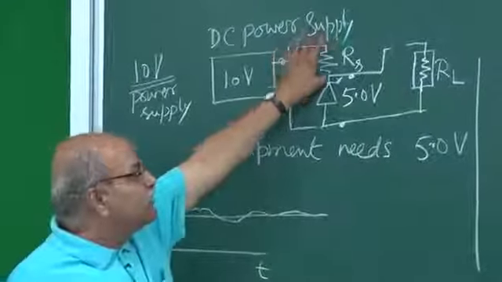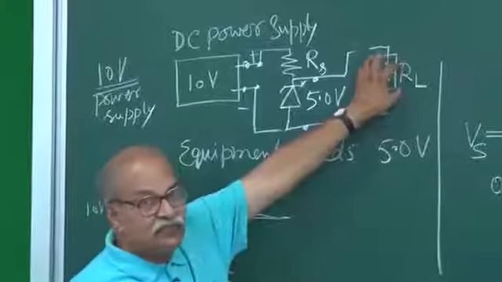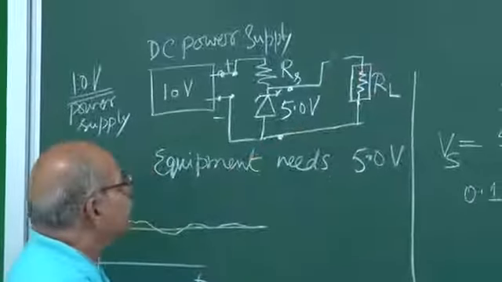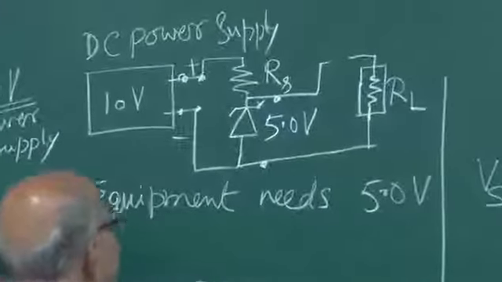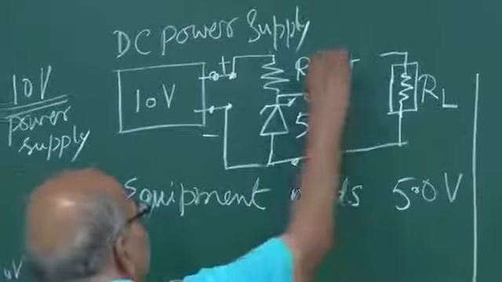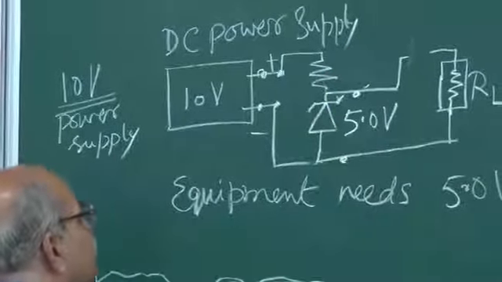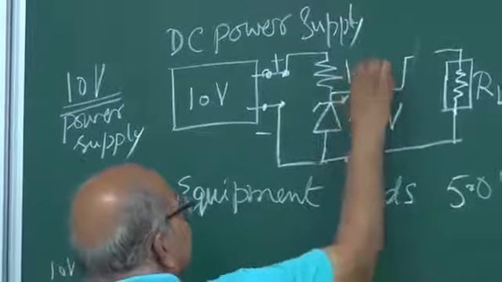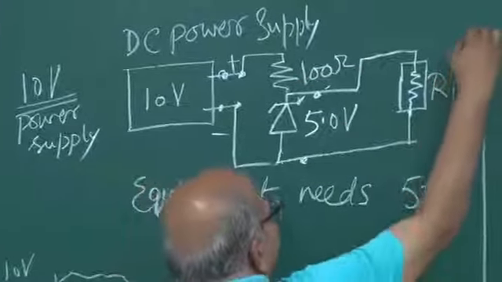So now let me come back to my circuit here, my equipment, my appliance, and let's choose some RS. Definitely I won't like to choose just 50 ohms, so let me take 100 ohm, and I connect this, and suppose this RL is 1 kilo ohm.